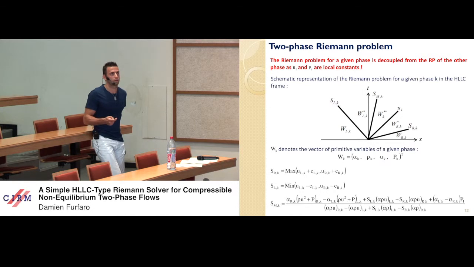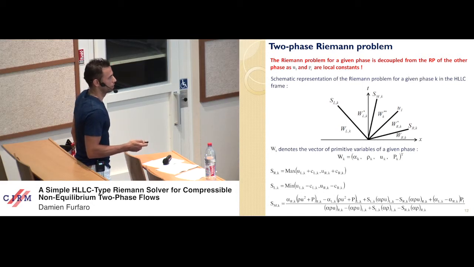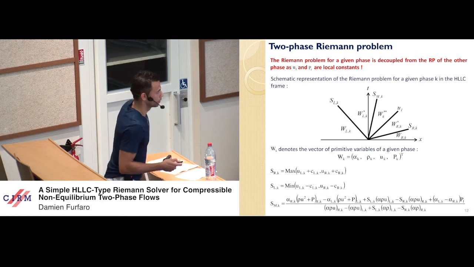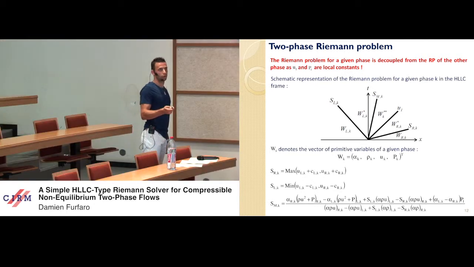the intermediate contact wave speed SMK, and the interfacial velocity. WK denotes the vector of primitive variables of a given phase, with volume fraction, density, velocity, and pressure as components. The states WLK and WRK are respectively the initial left and right states. The Rankine-Hugoniot relations across the various waves link the initial data to the intermediate states.